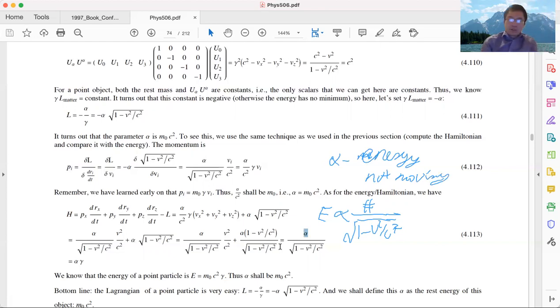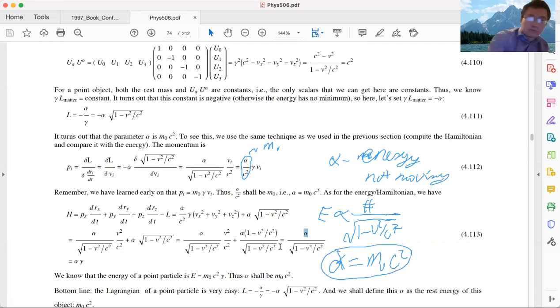And early on in the definition of momentum, we showed that this alpha over c squared is what we call the rest mass. In other words, this alpha is just the rest mass times c squared. So we immediately realize that the energy of my particle when it's not moving is rest mass times speed of light squared.